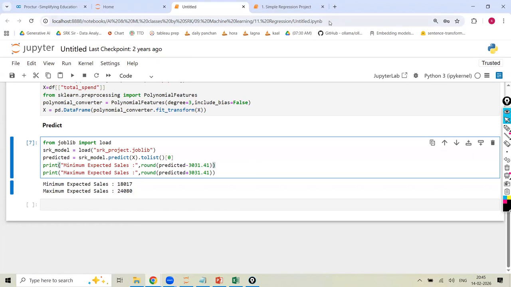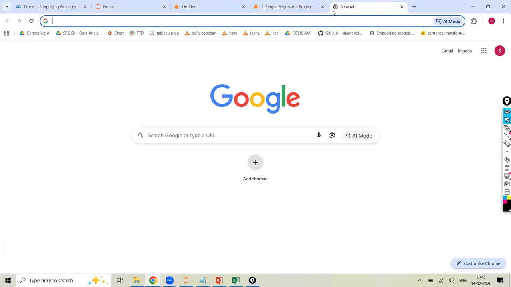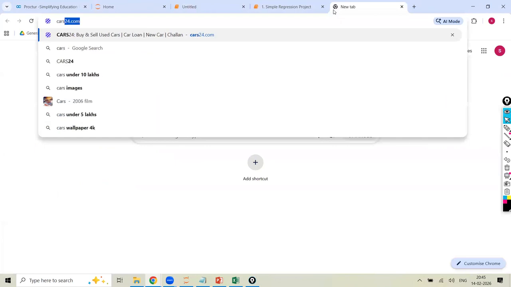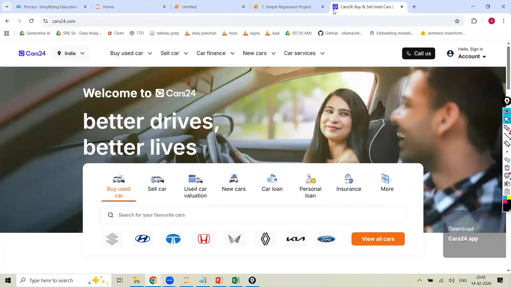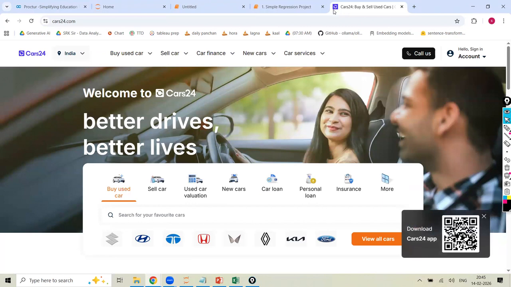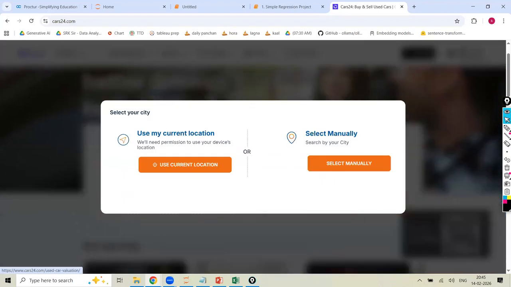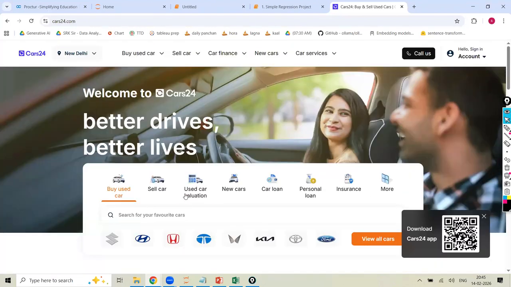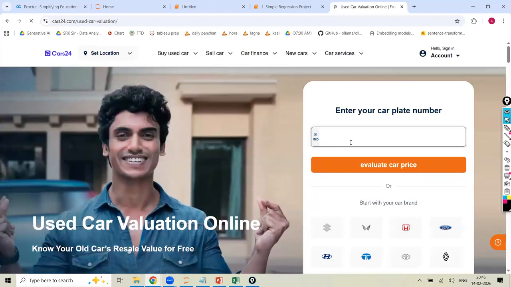Now, sir, can you show one sample live example in reality where this will be used? Open the cars24.com website. This entire website is a regression project only. It works only for selling used cars, guys. See, used car evaluation. First, it is asking to enter the car number.